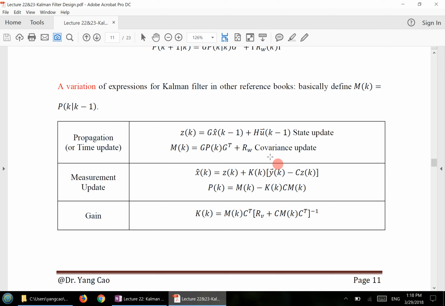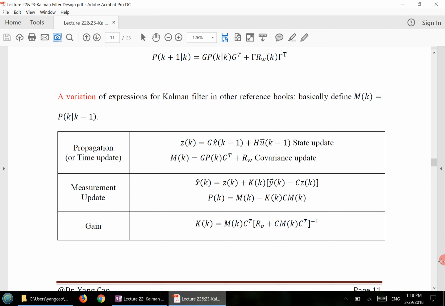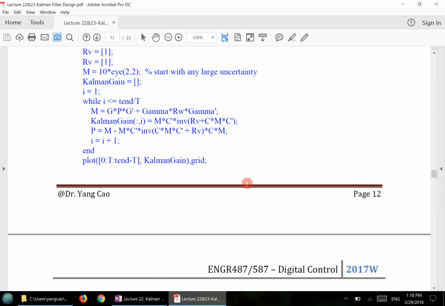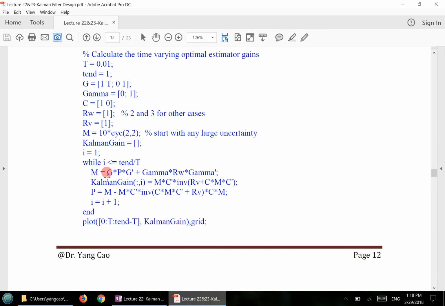You can implement this one. It's equivalent to the top. So what I did is basically calculate this, and then calculate the Kalman gain again, and then calculate the P again. Substitute the P back here, calculate M, and then substitute M, calculate the Kalman gain again here. That iterative process will calculate the Kalman gain.